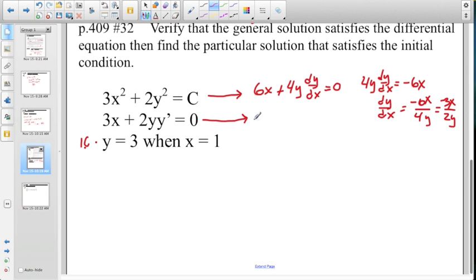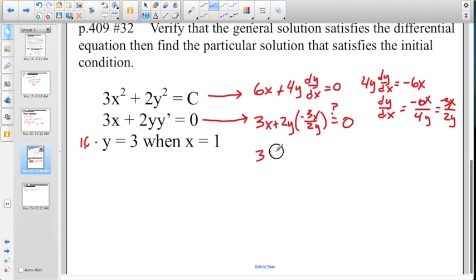And when we do that, we get 3x plus 2y times the quantity, here's the differential expression, minus 3x over 2y. And we want to check that this mathematically is equal to the right-hand side, which is 0.